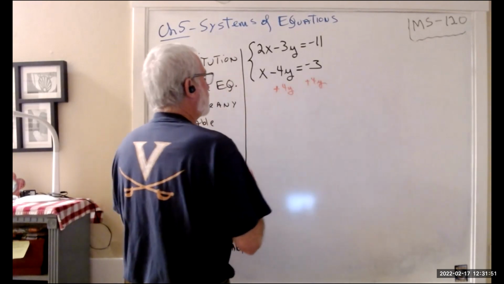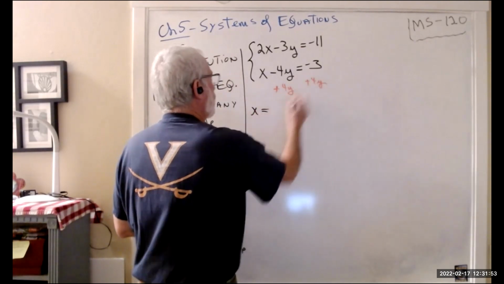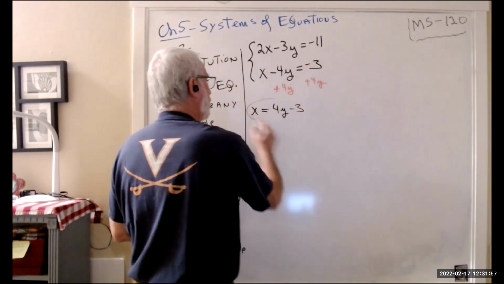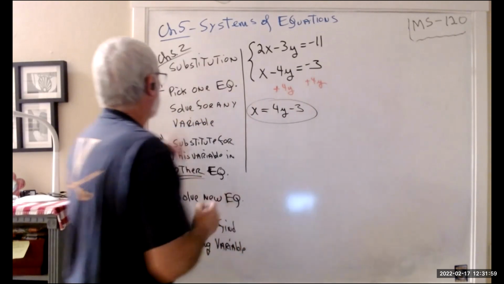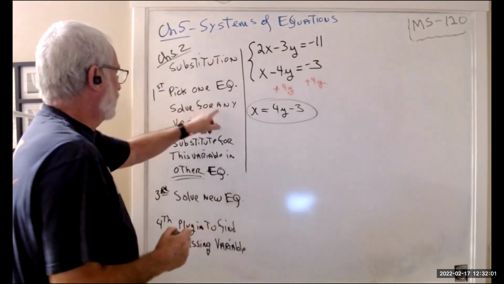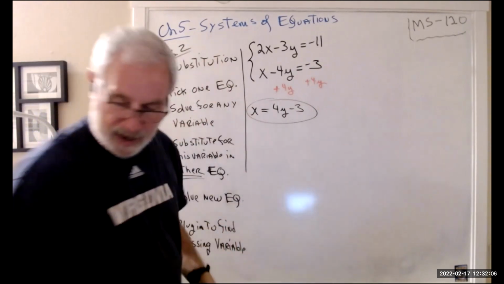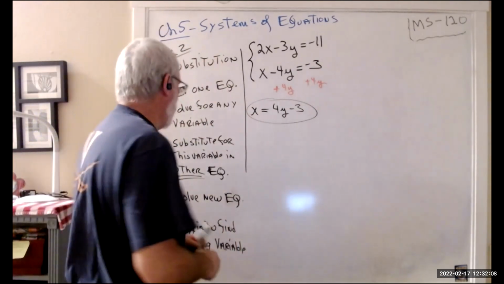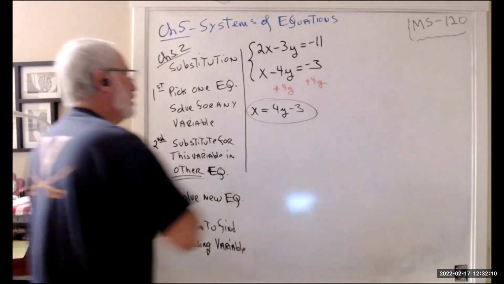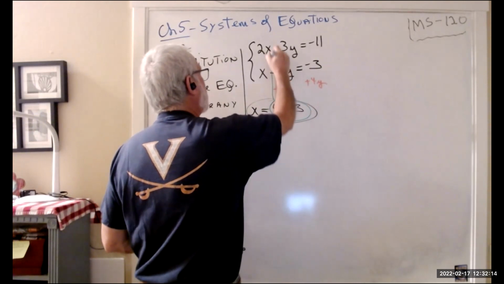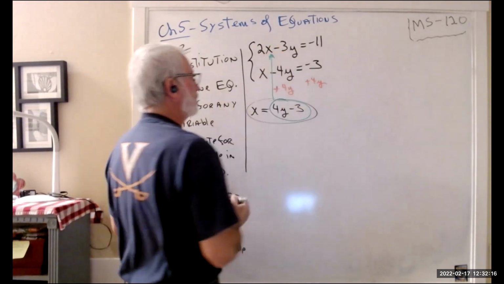And I'm going to get x equals 4y minus 3. Okay, so pick one equation, get a variable alone, x. And then I'm going to put that x into the other equation.